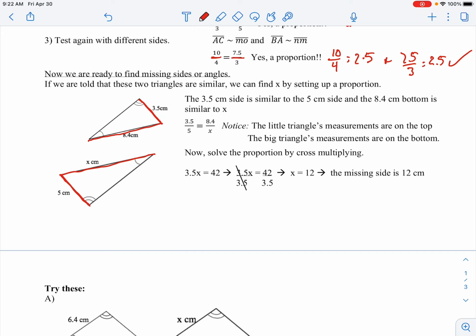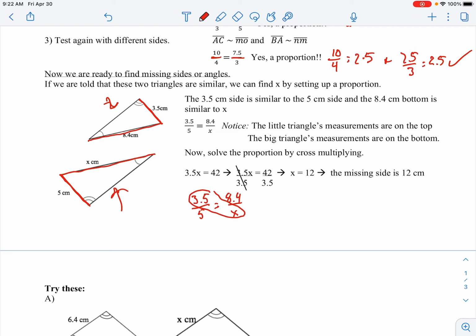The little triangle's measurements are on top, so this one is on top of our fraction, and this one is on the bottom. Once you have your ratios, I'm just going to set up here 3.5 equals 8.4 over x.